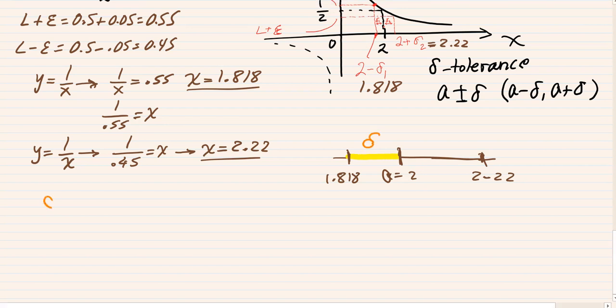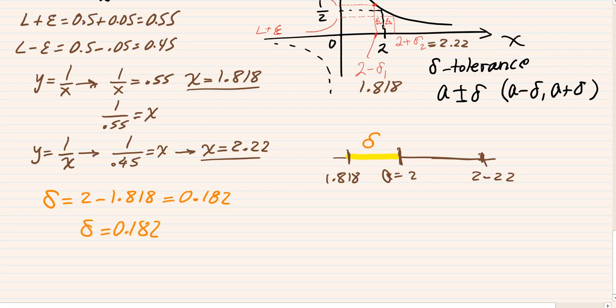So our delta is the difference between 2 and 1.818, and that number is 0.182. There you go. Delta is 0.182.